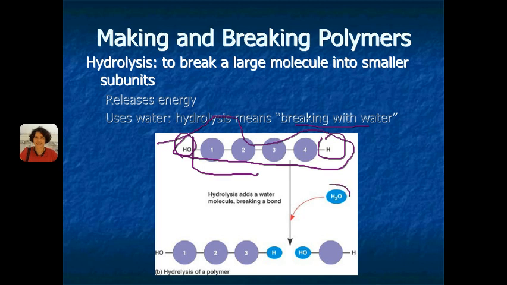But now we take a water molecule, and that water molecule is going to be inserted between subunits 3 and 4 in such a way that the hydrogen atom is going to go to subunit number 3 and the hydroxyl group goes to subunit number 4, and this breaks up the 2 molecules. Hydrolysis tends to release energy, so energy is released when molecules are broken, and synthesis reactions in general tend to consume energy.